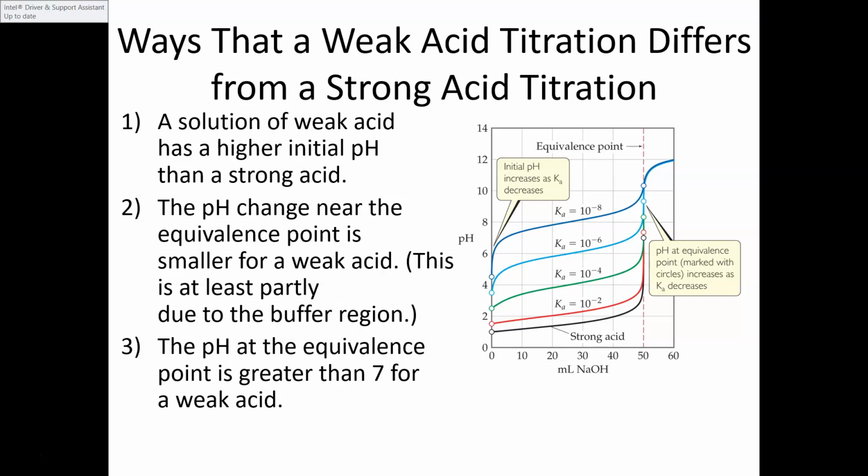So we find that all these weak acids start below a pH of 7 initially. During the course of the titration, the buffered region can vary depending upon what the acid dissociation constant is. And at the equivalence point, each one of these acids has an equivalence point above a pH of 7. Remember, it's only the strong acid that will have a pH of 7 at the equivalence point.